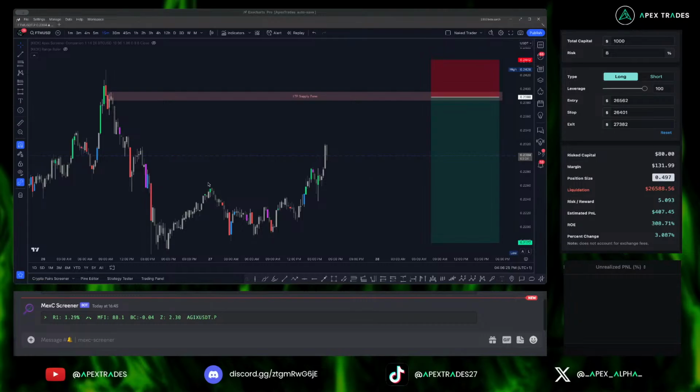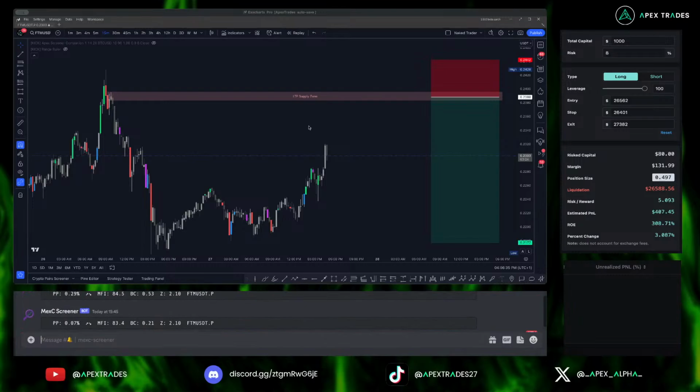Right now I'm looking at this FTM token. Let me show you what I saw in the screener real quick. On FTM, it gave us a move where we were approaching the pivot point. MFI was starting to look overbought, obviously because of the move up. It was also starting to look decorrelated from Bitcoin, which I always like to see.